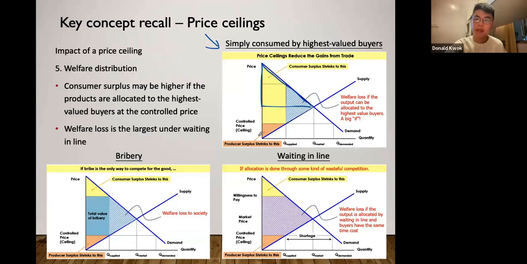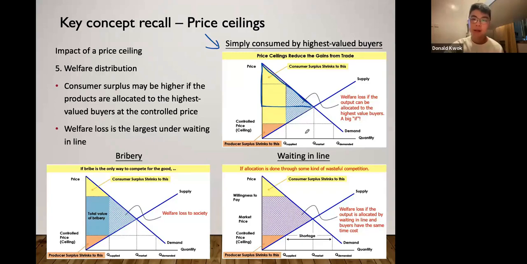With the effective price ceiling, the consumer surplus becomes the yellow trapezium if the goods are consumed by the highest value buyers. As there are some gains and losses, we are uncertain about the overall change in consumer surplus. Under bribery or waiting in line, the consumer surplus must be smaller, as you can see in the two diagrams below.